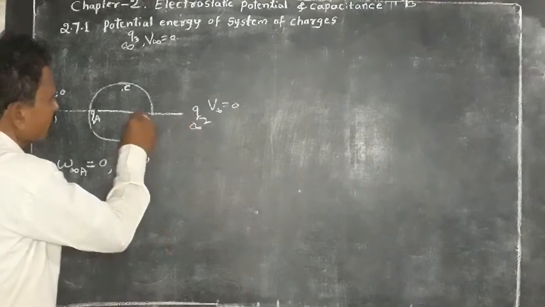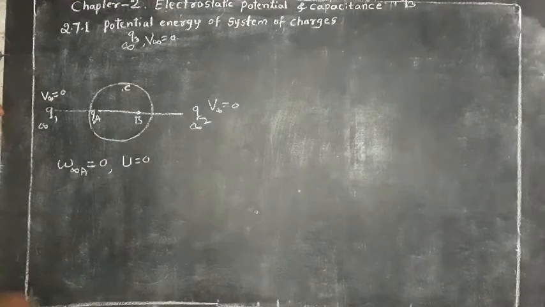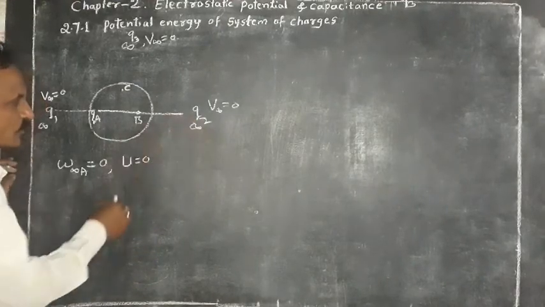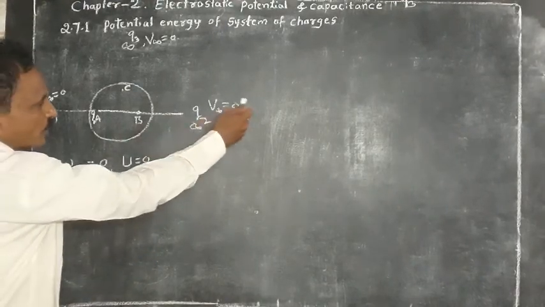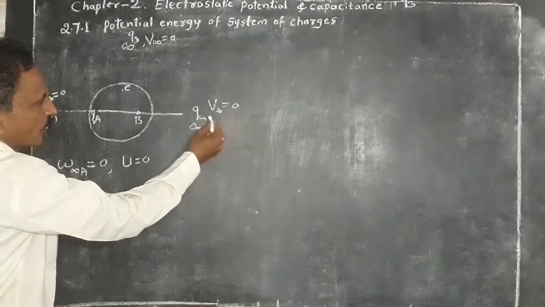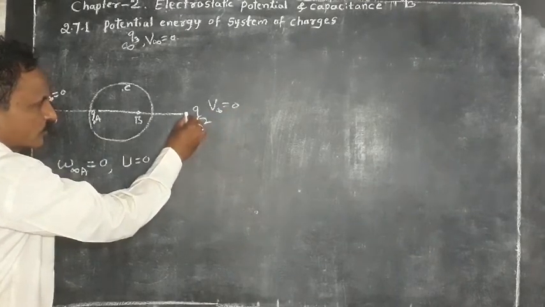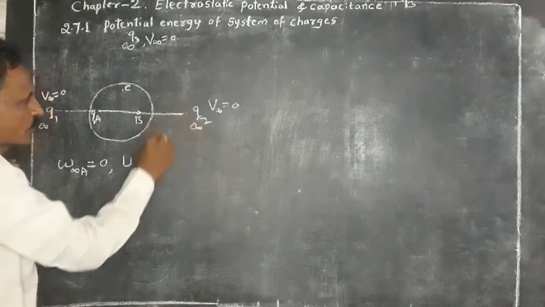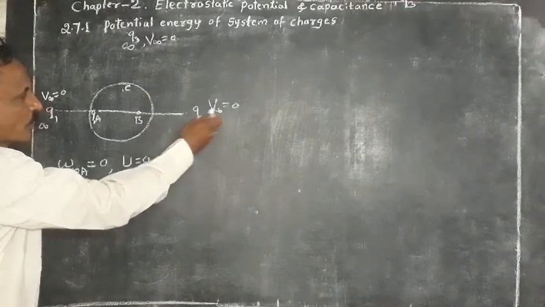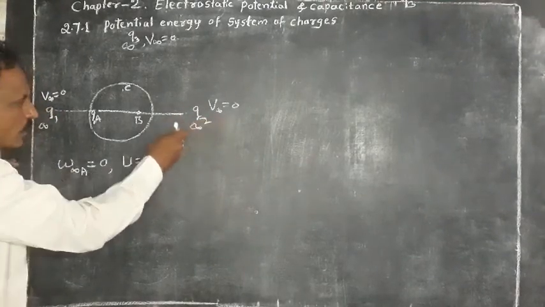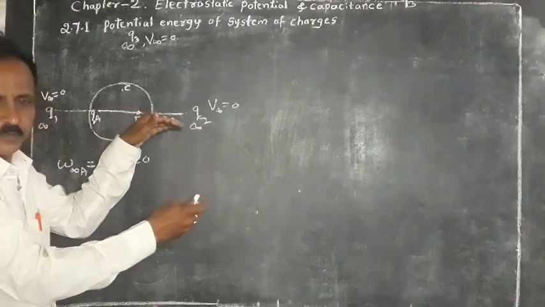And let B be a point at which Q2 is moved. When a small jerk is given to Q2, it moves up to this point, because there is no force acting in the opposite direction.